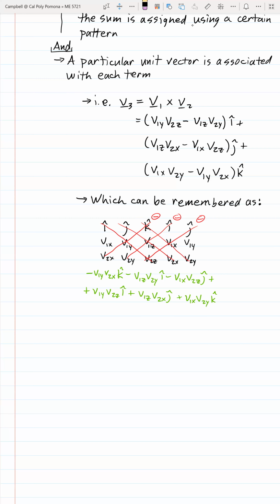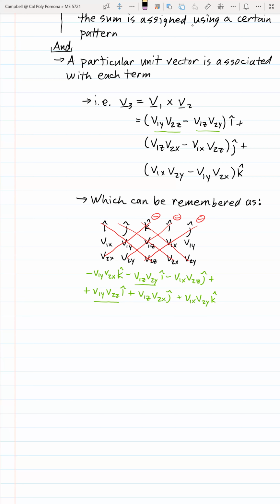And let's check a couple of these. So let's check i hat first. So we got a v1y times v2z, positive, and of course multiplied by i hat. We have a negative v1z, v2y, also times i hat. So yep, everything checks out.